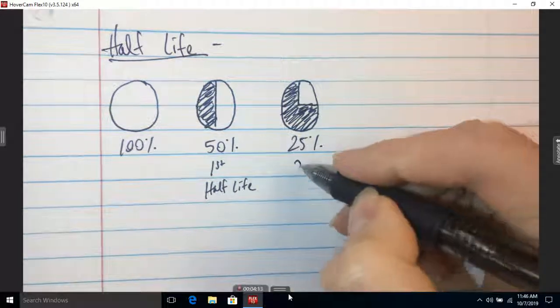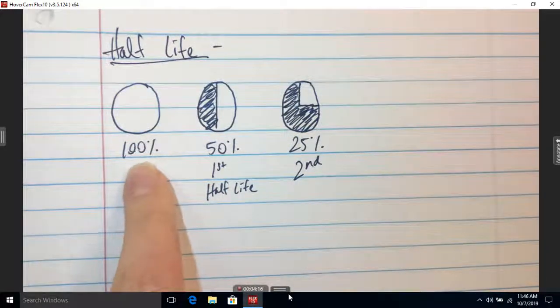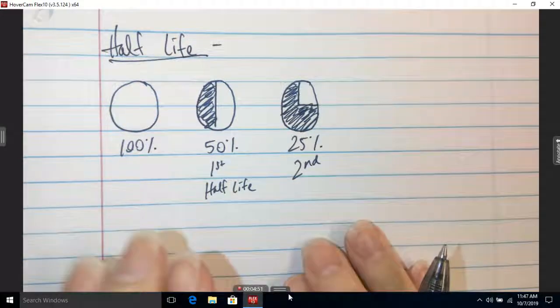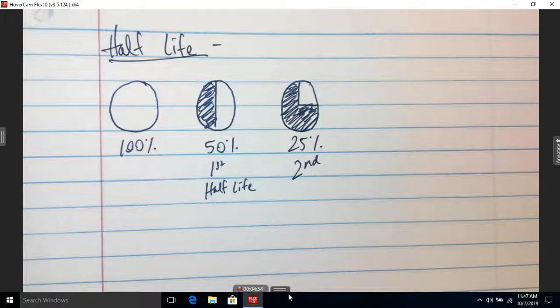The second. So we can't count the first one as a half-life because it hasn't decayed yet. Does that make sense? Decaying means like maybe it spits out a helium nucleus. Your alpha decay, your beta decay, what we did the other day, those processes. Maybe it turns a proton into a neutron. All of those things are types of decay. Is this kind of making sense? This is just dealing with the time it takes to do those things we talked about last week.